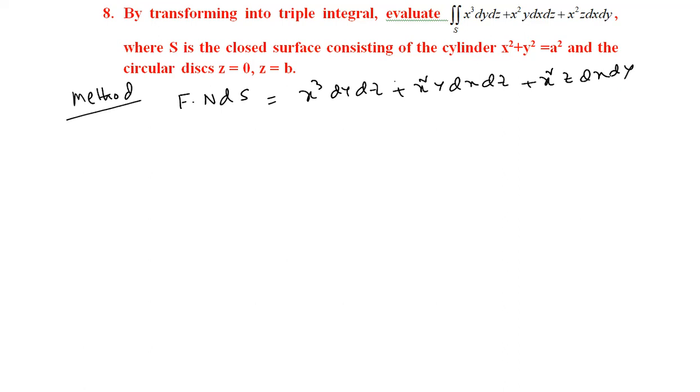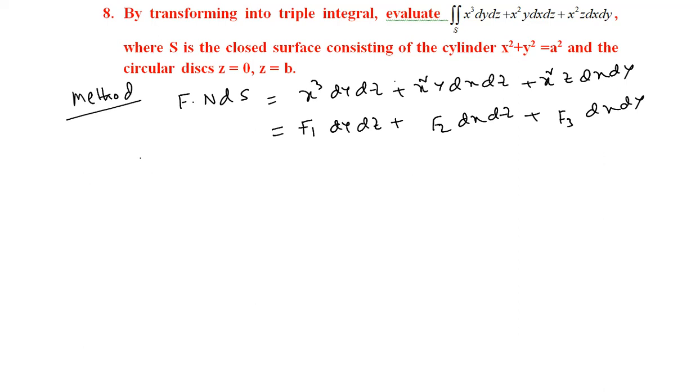Now listen carefully. Just for understanding, I will take this as f1, this as f2, this as f3: f1 into dy dz plus f2 into dx dz plus f3 into dx dy.